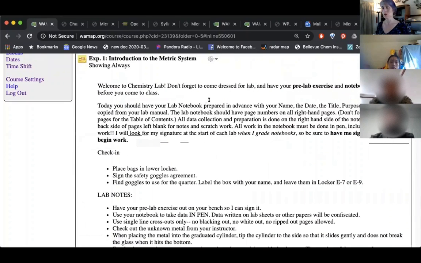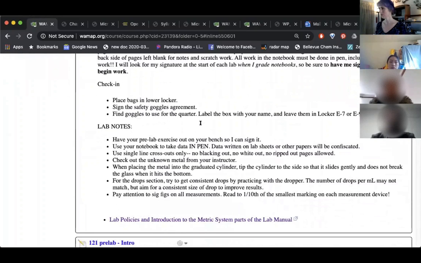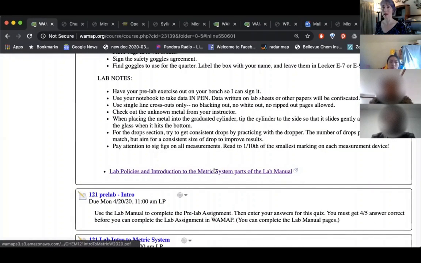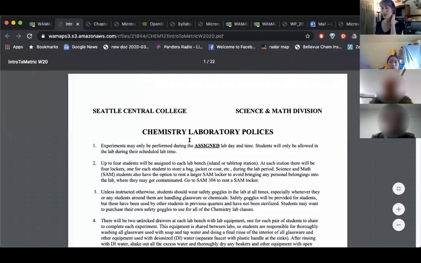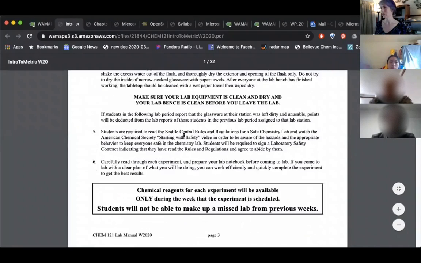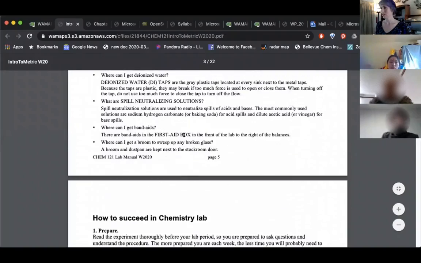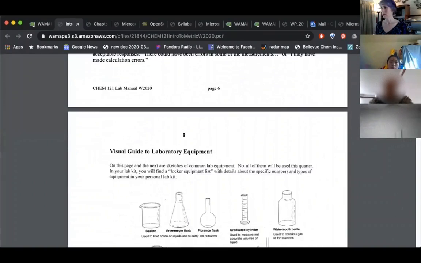We're actually doing experiments, so we would be considering lab safety, making sure that we have closed shoes and full coverage. And then here are the lab manual pages. I think I opened this up a couple days last week. There's quite a lot of reading for the first one. So the policies and safety, some guidelines.